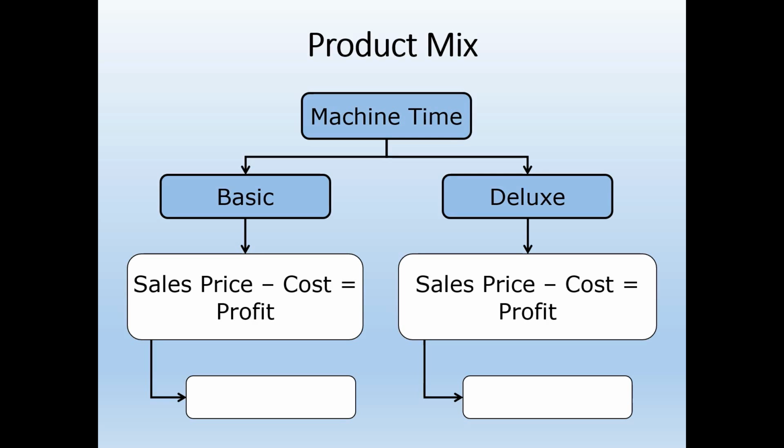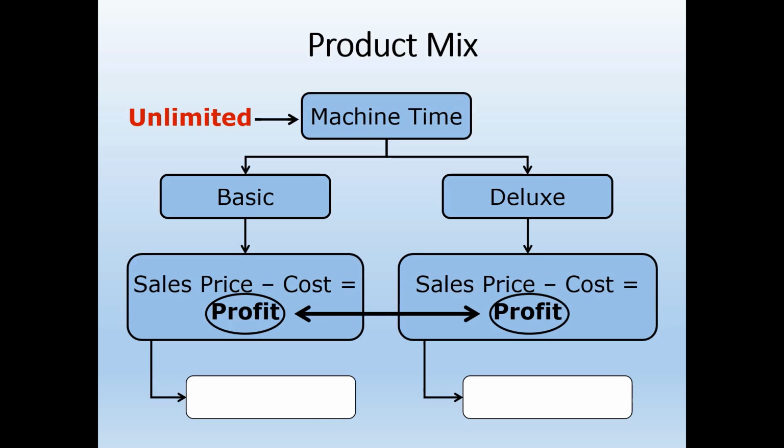XYZ uses the same machines to make its basic and deluxe products. If the machine time is unlimited, then the firm should make as many of both products as it thinks it can sell. That way, the firm can earn all of the available profit from both products.